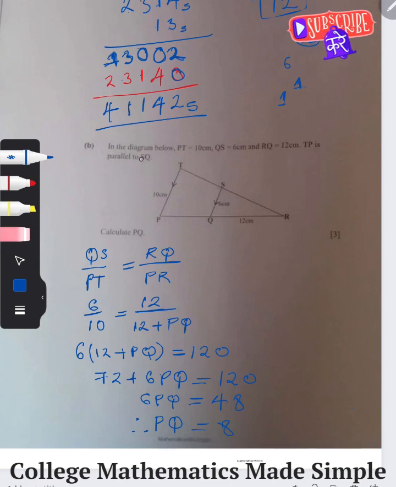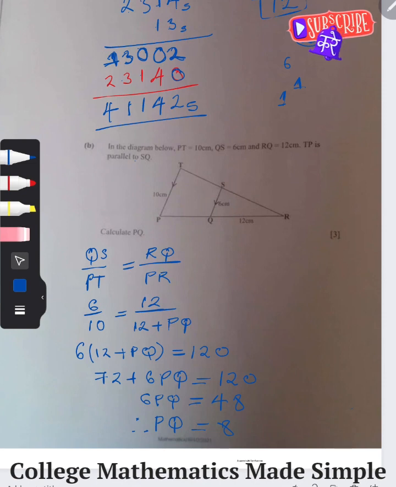Now, in the diagram, PT is 10 centimeters, QS is 6 centimeters, and RQ is 12 centimeters, and TP is parallel to SQ. So the ratio that we are going to observe is very simple. Look at QS. First of all, I will draw two triangles.